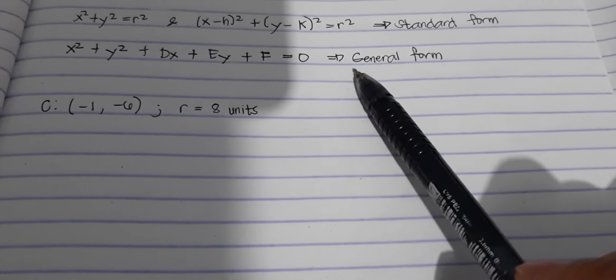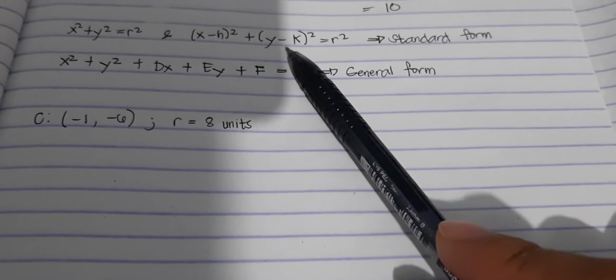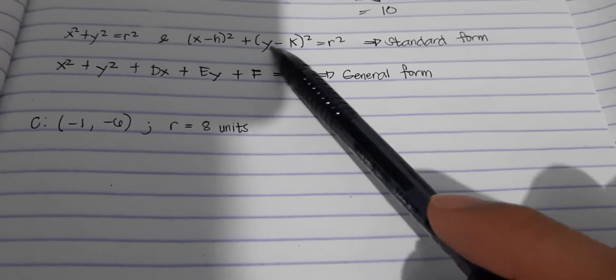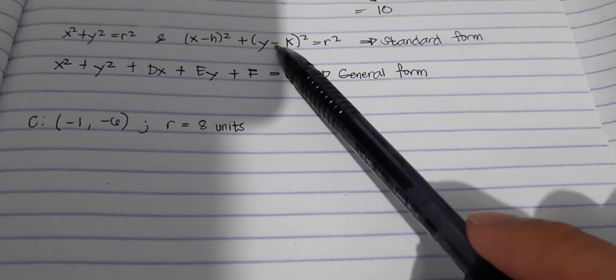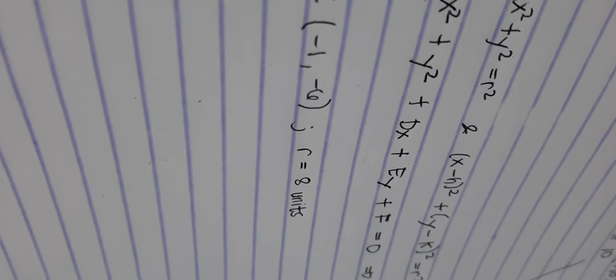However, since we're going to find the general form of this, we will still be using the standard format of the equation of the circle, but we will just expand the binomials present here to find the general format of this equation. So let's go. Okay, since we're going to make use of the standard form of the equation of the circle, having the center at h and k, we will write the formula first.